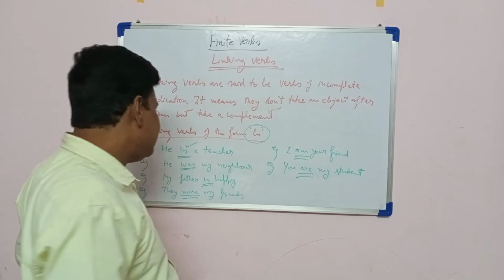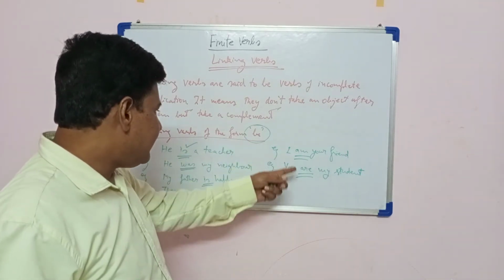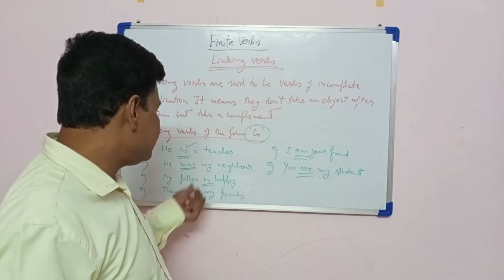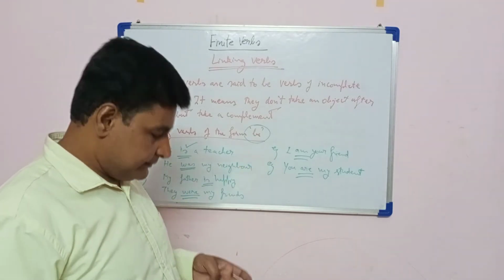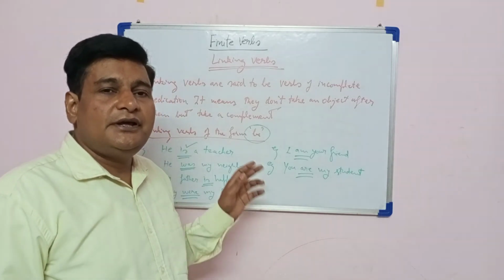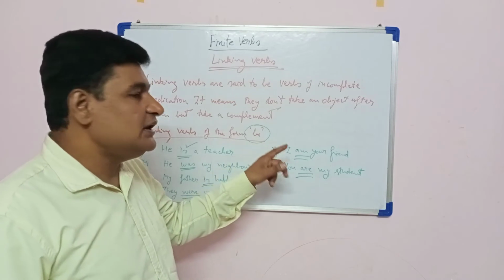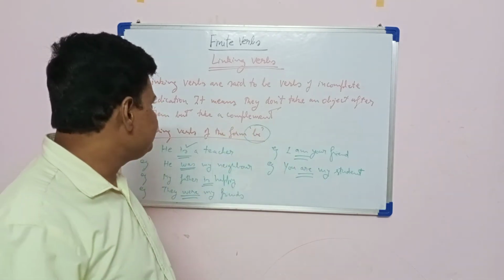So you can see the forms of be: is, am, are, was, were. These are used here as linking verbs. So there are two types of linking verbs: linking verbs of the form be and linking verbs without the form be.